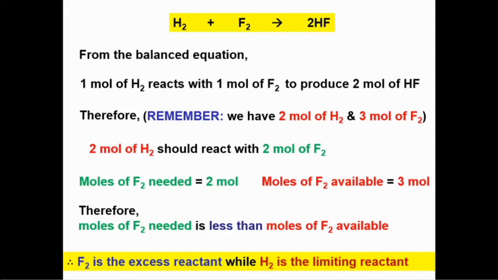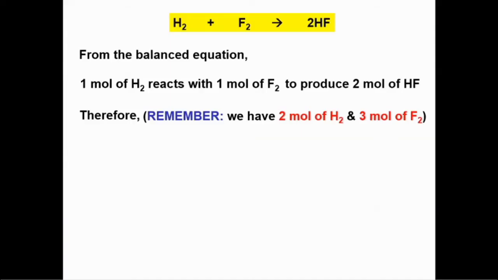Or, if you don't want to write it this way, there is another option. Just now we started with hydrogen gas, so why not start the equation with fluorine? Let's say we have 3 moles of fluorine.